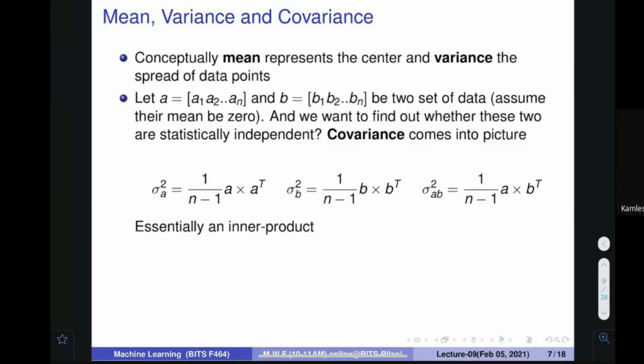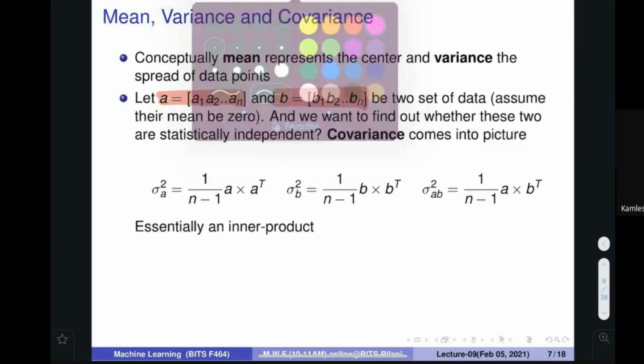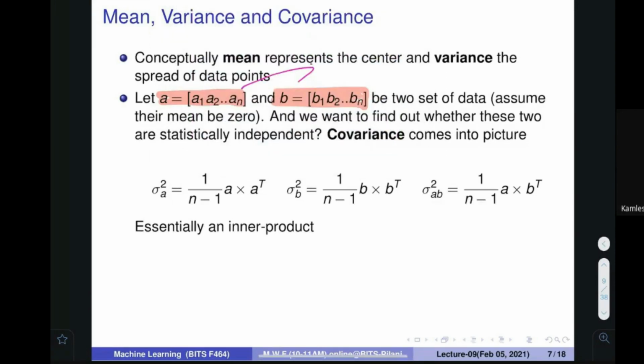So what is important here? Let's assume that A is this particular data and B is this, let's say n-dimensional data. A and B are two data. When you multiply these two vectors, what do you get? For example, A1 B1 plus A2 B2 plus A3 B3 and so on, the summation.